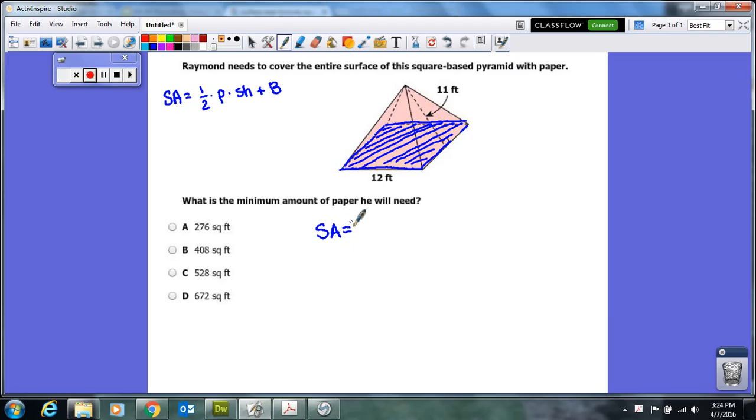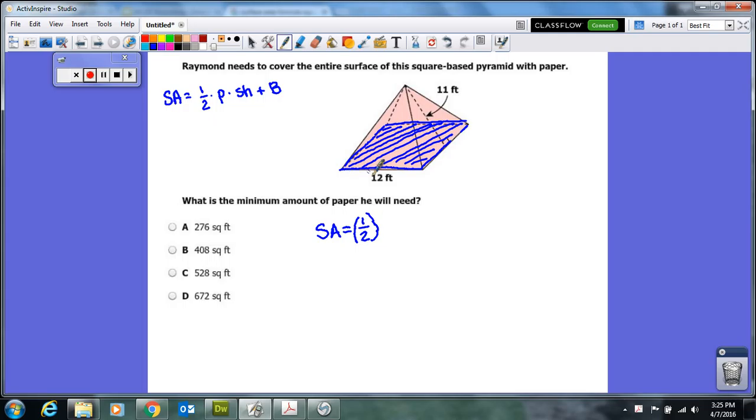So surface area equals 1/2. And I'm going to go ahead and put parentheses around everything so that we can see that everything's being multiplied together. So then we're looking for our P first, which again is the perimeter around the base of this square-based pyramid.